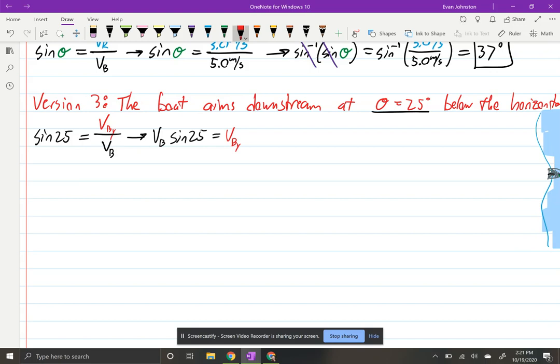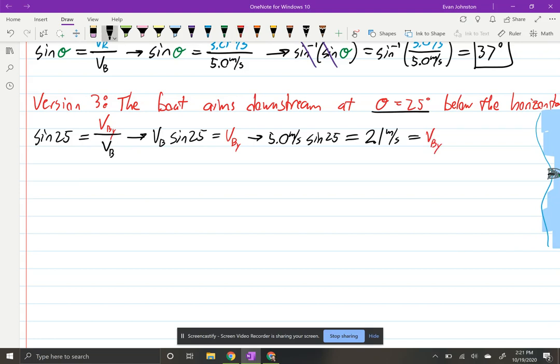I can plug in my 5, 5 meters per second times sine of 25. I poke that into my calculator and I get 2.1 meters per second.